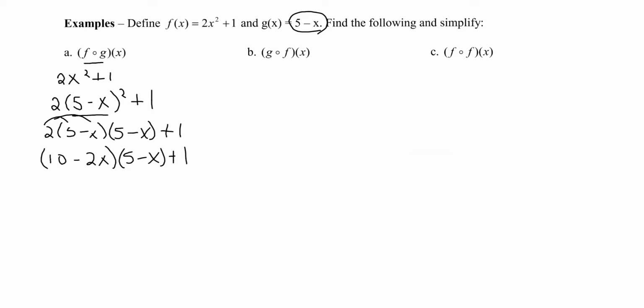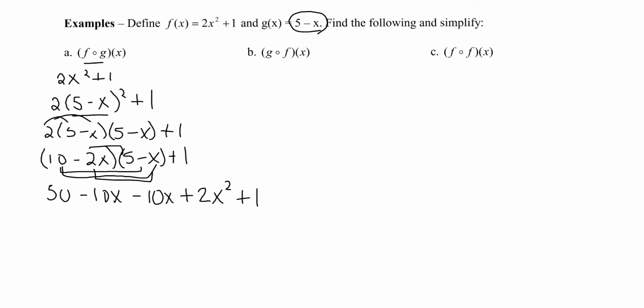And we'll go ahead and FOIL. 10 times 5 is 50. 10 times x will give me negative 10x. We get negative 10x again, and then plus 2x squared plus 1.